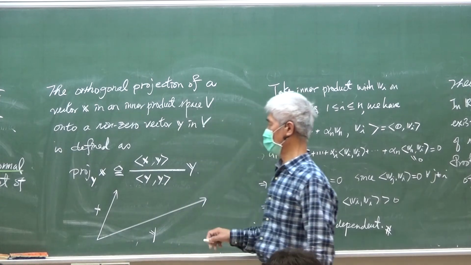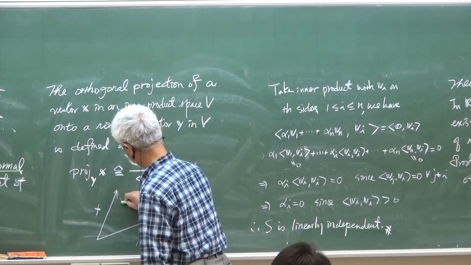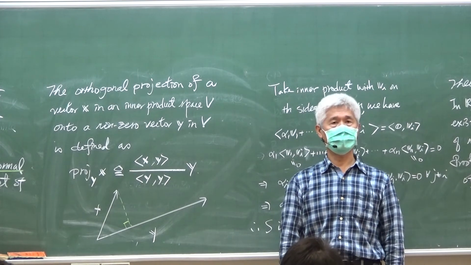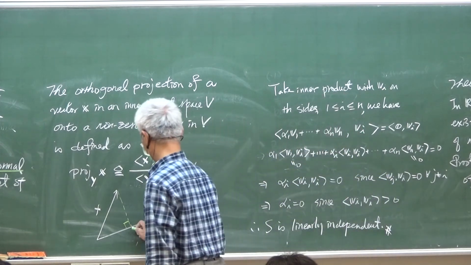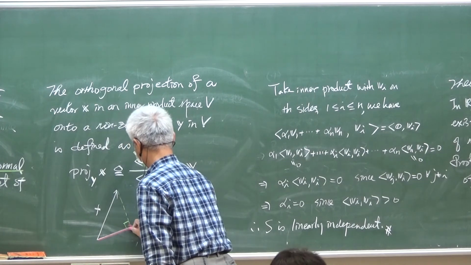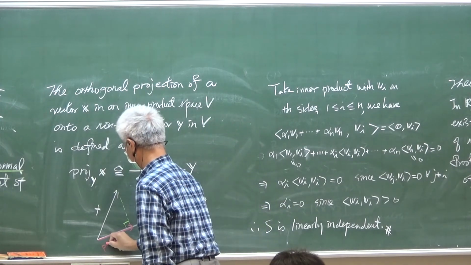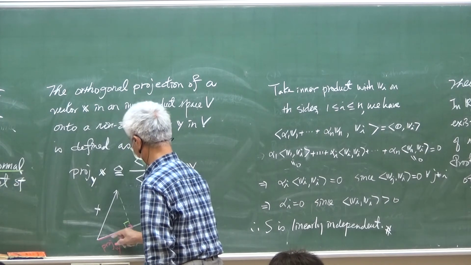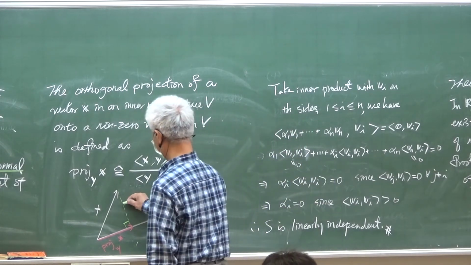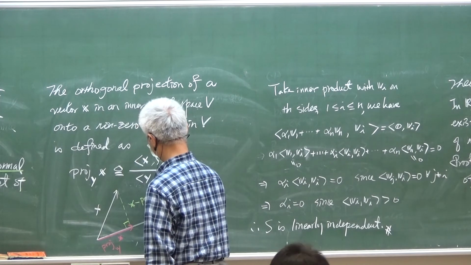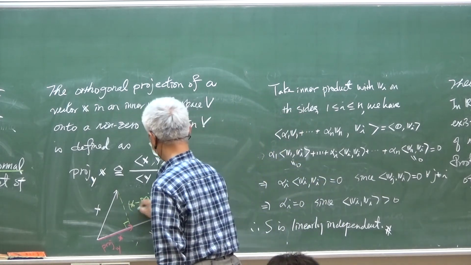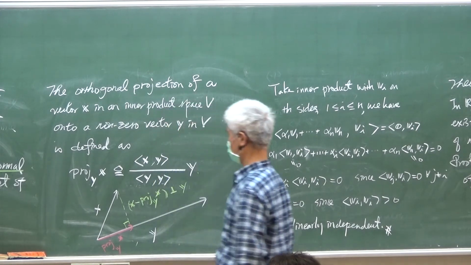The orthogonal projection is this part, the projection of x onto y, so that the difference, this difference, is orthogonal to y. This is called an orthogonal projection.